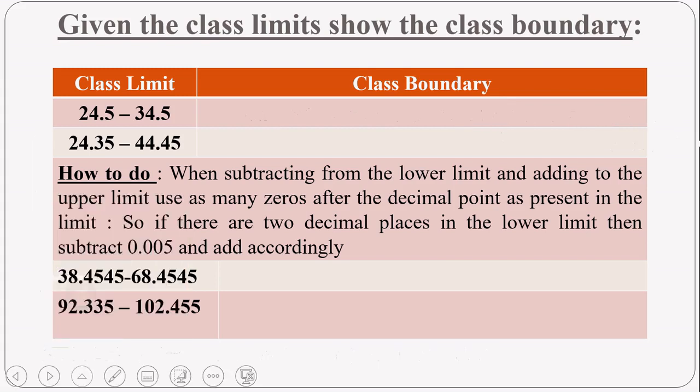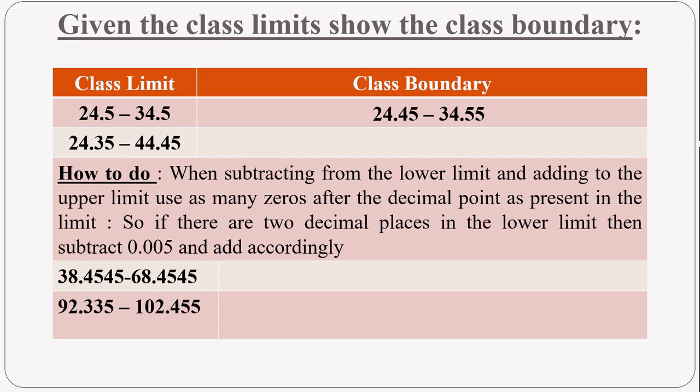Now, the answer for the first class limit will be 24.45 and 34.55. How do we get this? We reduce 24.5 minus 0.05, and upper limit 34.5 plus 0.05. That is the answer we have got with regards to the first class limit.